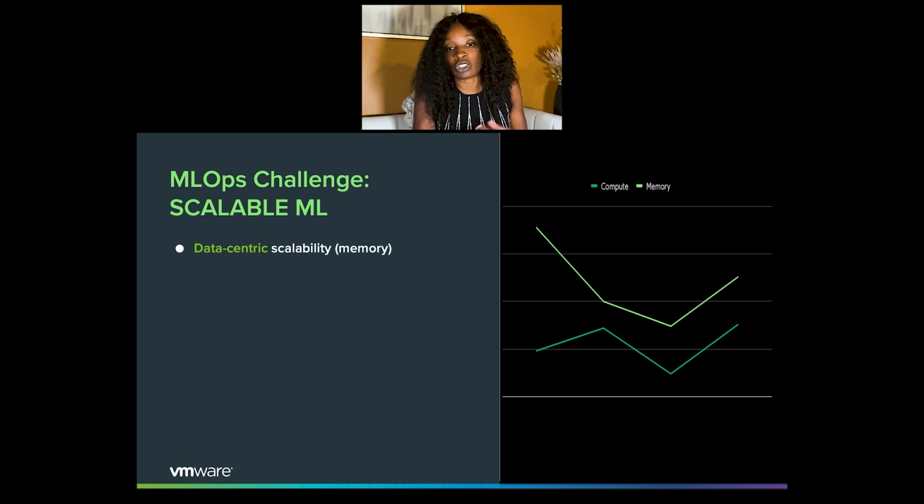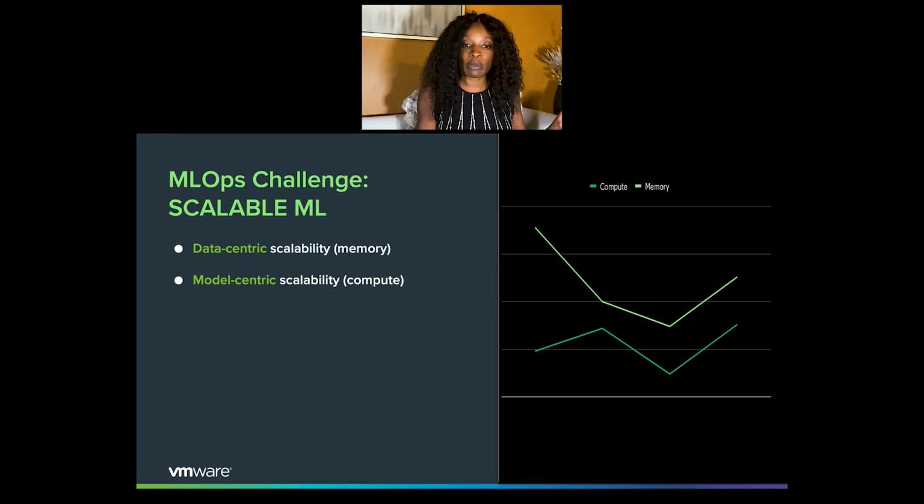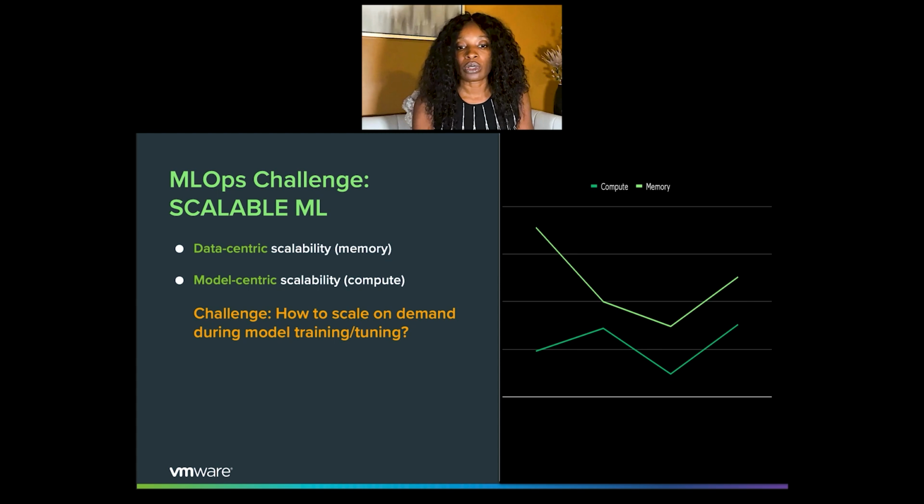So that's a more data-centric perspective on the scalability that you may need. And in other scenarios, perhaps you just have very complex models or really large models that need a lot more compute in order to process. And in that scenario, you're going to need to scale out a core in order to have more cores doing parallel crunching to perform the training that's required or the tuning that's required. So the question here is, how do you scale on demand to accommodate this?